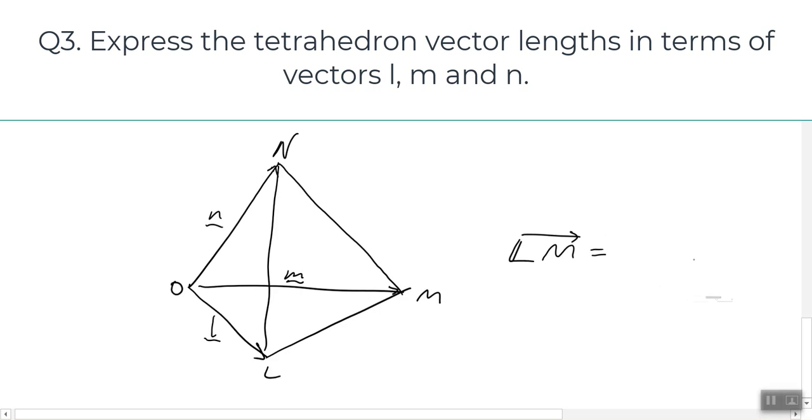Let's do it this way. From L to M is OM minus OL, which equals m minus l. Does that make sense?